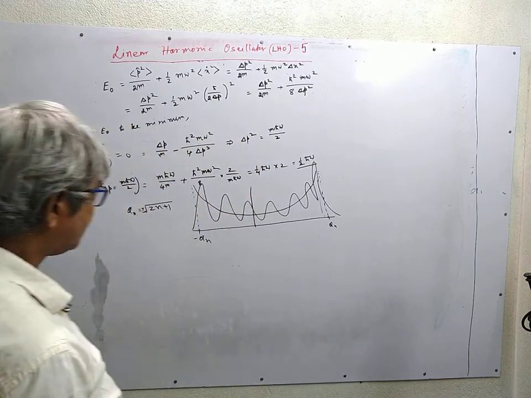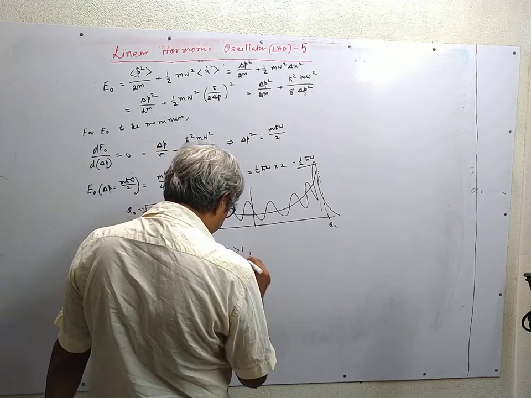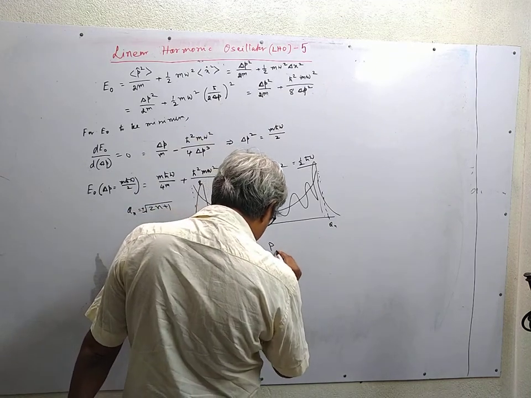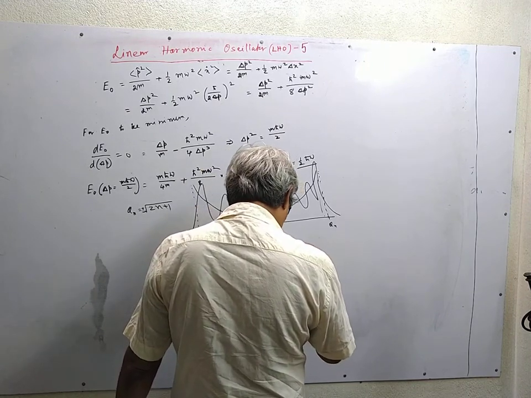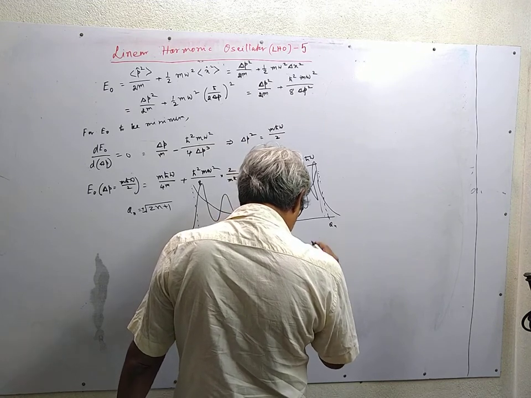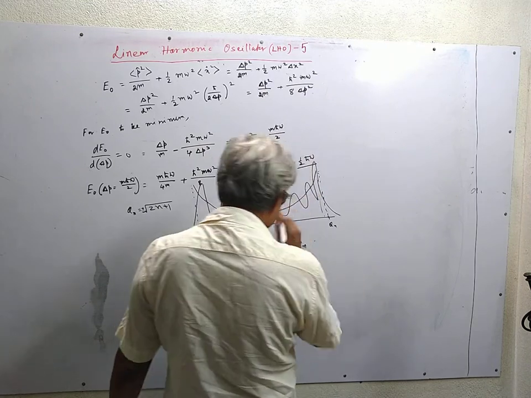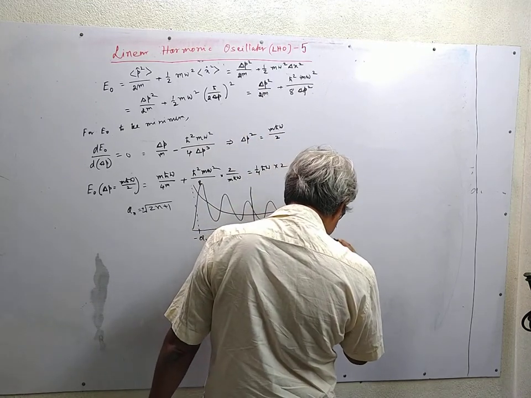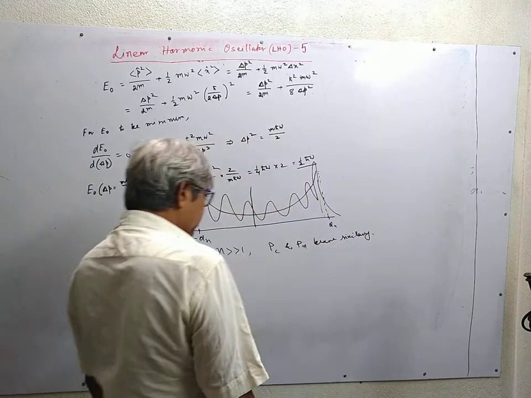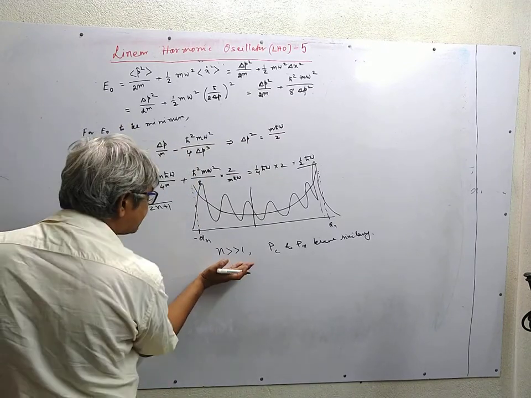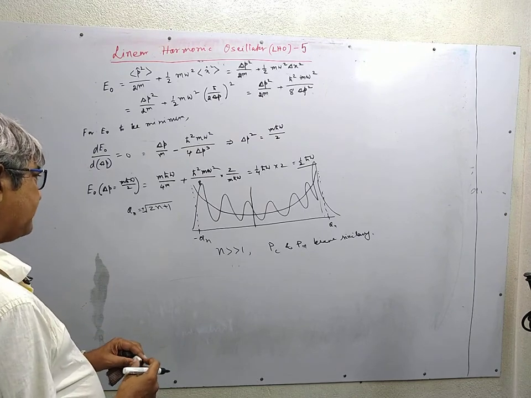So as n tends to infinity, as n is much greater than 1, the classical prediction and the quantum prediction tend toward each other and become similar. So the correspondence principle here is that when n tends to infinity, the classical result is nothing but the average of the quantum result.